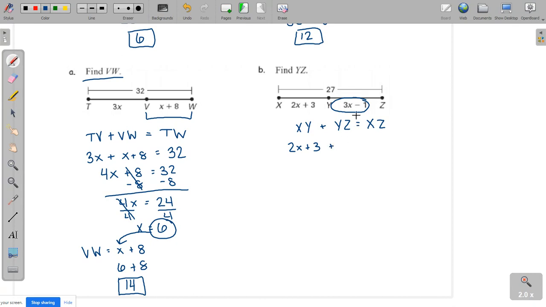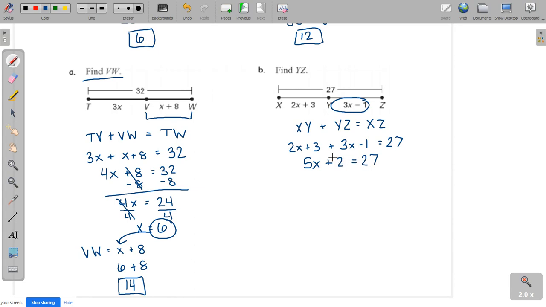We're going to add that to our YZ, which is 3x minus 1, and this full length is 27. So we need to combine our like terms. 2x plus 3x is 5x. 3 minus 1 is positive 2, so plus 2, and bring down our equal to 27.